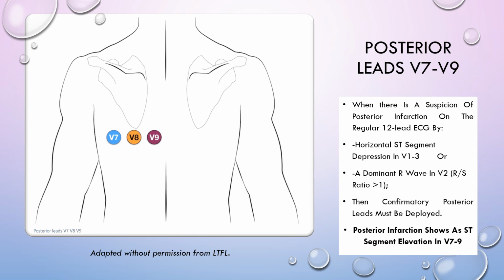Posterior infarction will show as ST segment elevation in leads V7 to V9.